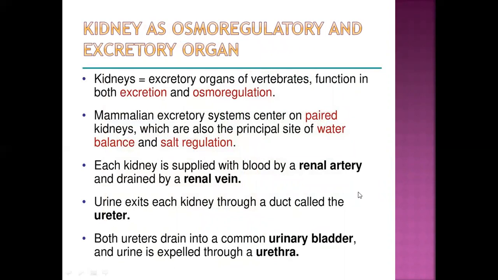Why is the kidney termed an osmoregulatory as well as excretory organ? By performing the excretion process, meaning removal of urine, the kidney also balances the toxicity level and solubility level of blood. So we can say that the osmoregulatory function is also performed by the kidney. This is our lecture today. Thank you.